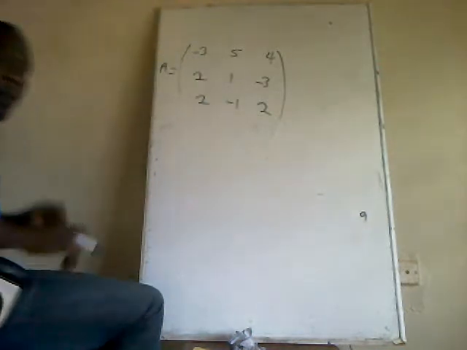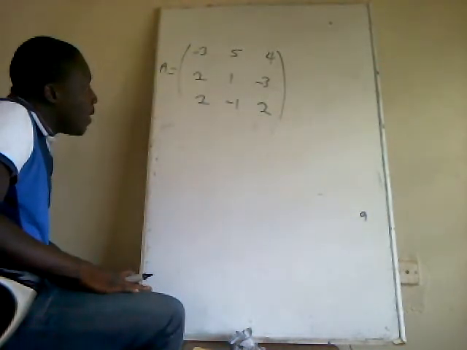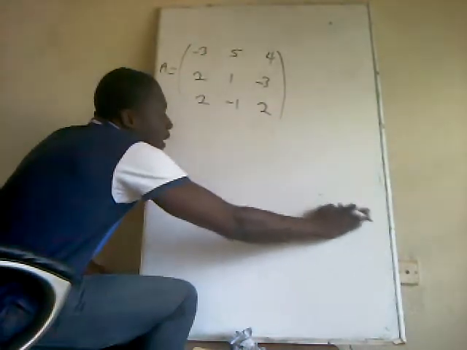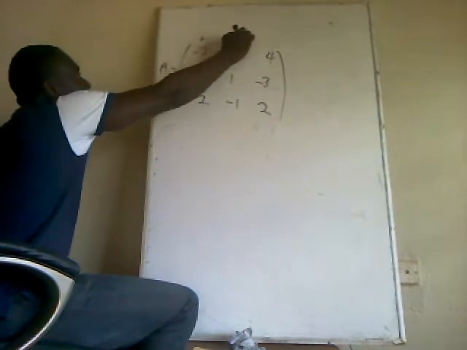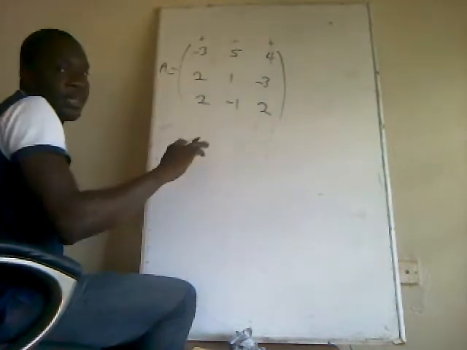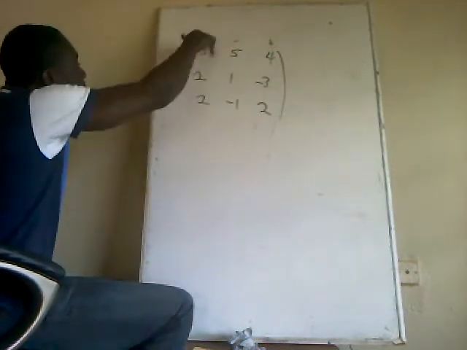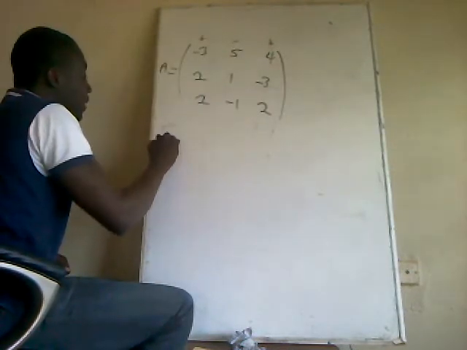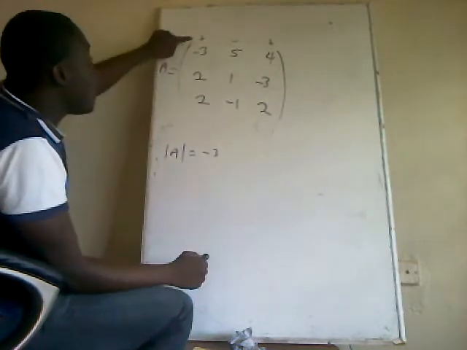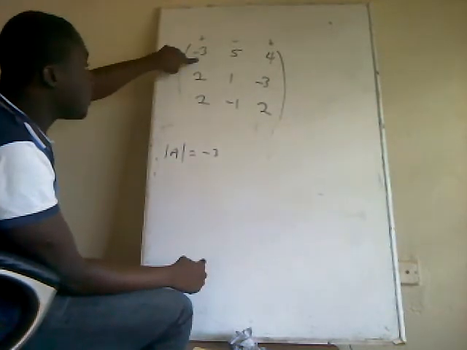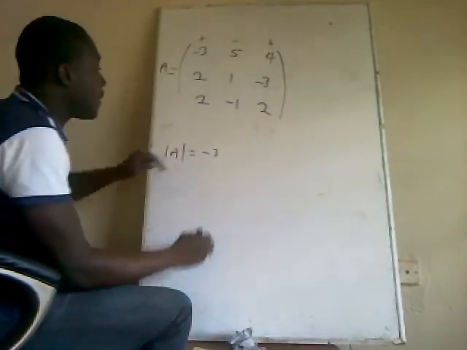If this is our matrix A, to find the determinant, I first determine the minuses. So now the minor of this is plus, minus, plus. It never changes, right? For a 3 by 3, it never changes. Okay. So I take the first element of the first row, which is minus 3. The minor attached to this minus 3 is positive. But if positive multiply negative, I still get what? A negative. So it becomes minus 3.